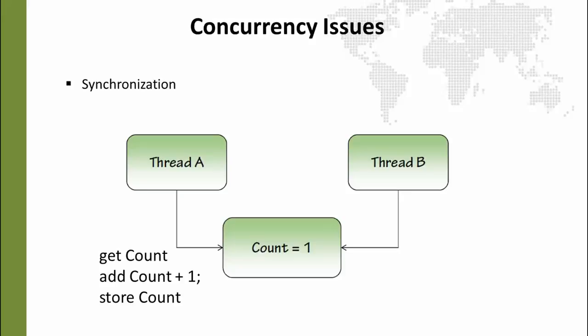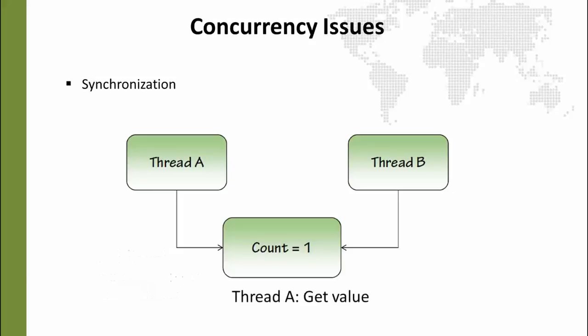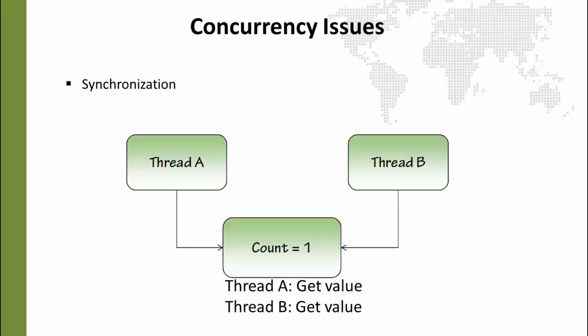And when you think about it that way, if thread A comes in and is going to increment the count on our object, our count is 1. Thread A comes in and says get the value. Then at the same time, or right after that, thread B comes in and is going to decrement the object. It is going to decrease the count by 1. It says get the value. They are both going to be holding 1 for the value.